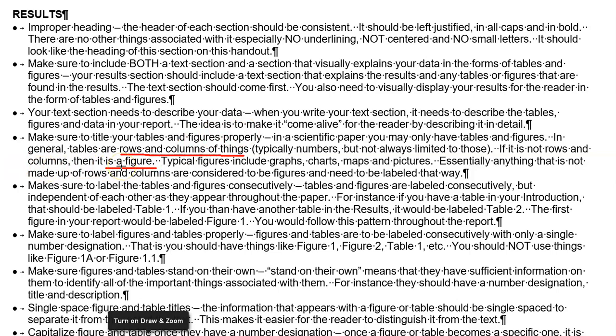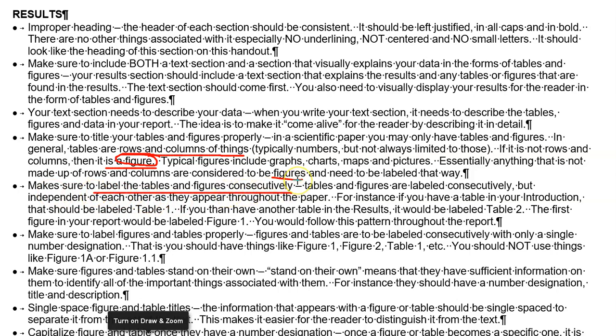You don't have a chart or a graph or a map or a picture. Those are all called a figure. Essentially, anything that's not made up of rows and columns should be a figure and needs to be labeled that way. Okay, so when we have figures and tables, we need to label them consecutively.